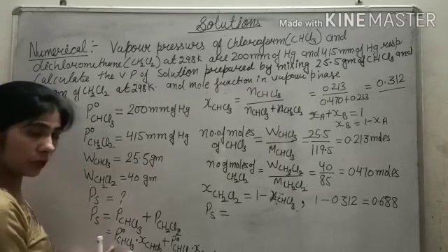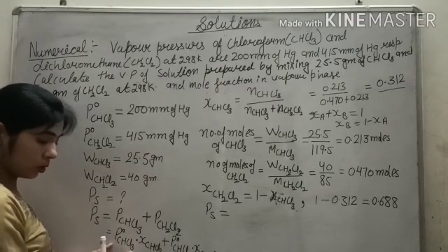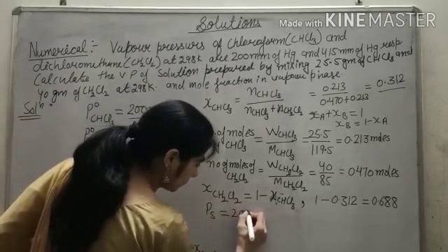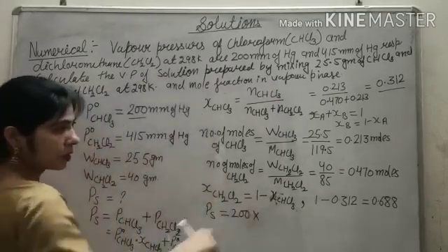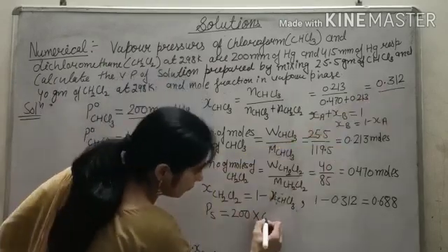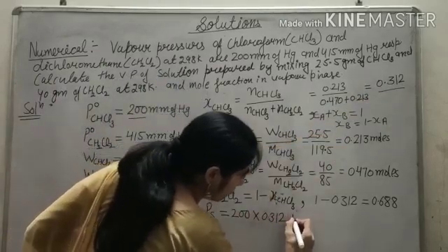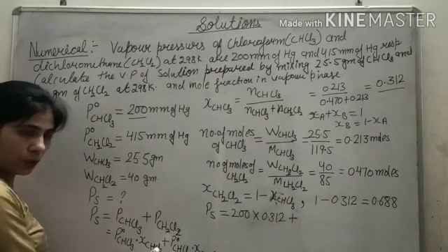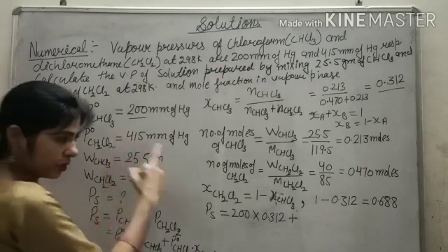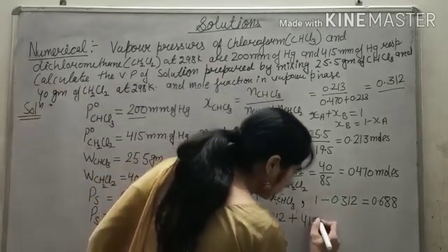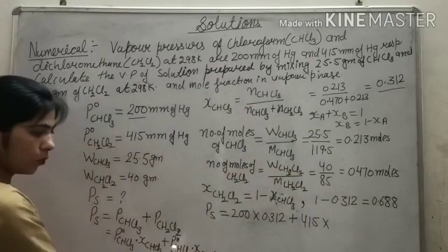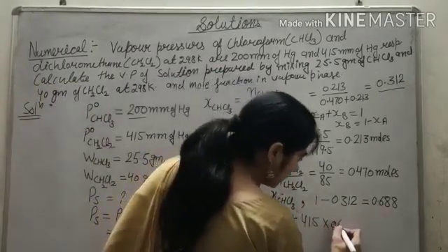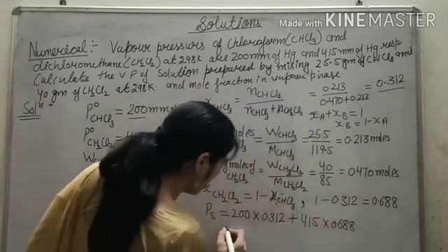What is the value of vapor pressure of chloroform in the pure state? 200 mm of Hg, multiplied by the mole fraction of chloroform 0.312, plus the vapor pressure of dichloromethane in pure state, 415 mm, multiplied by the mole fraction of dichloromethane, which is 0.688.